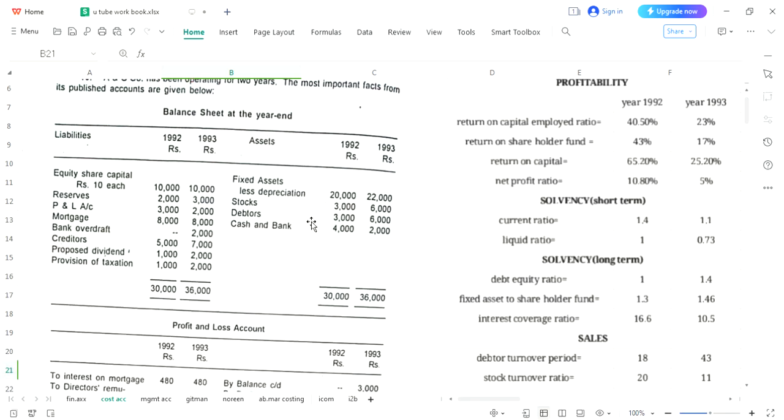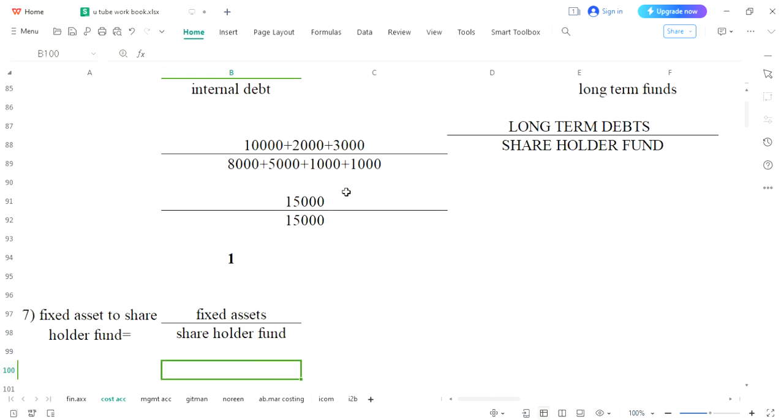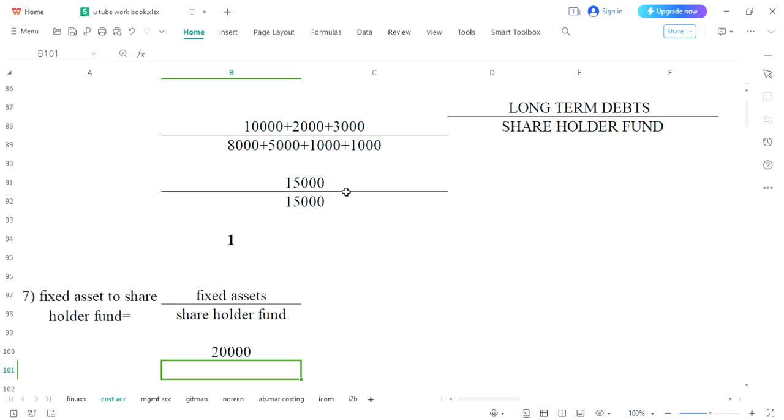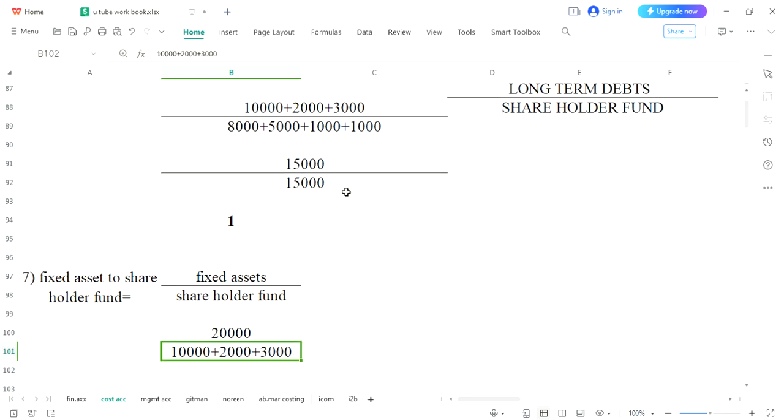Now let's see how many fixed assets. Look, by heading it is given fixed asset 20,000 and shareholder fund is 15,000, capital plus reserve plus surplus, so 10, 2, 3 and 20. So here we are going to put fixed assets are 20,000, shareholder fund as usual 10,000, 2,000 and 3,000.